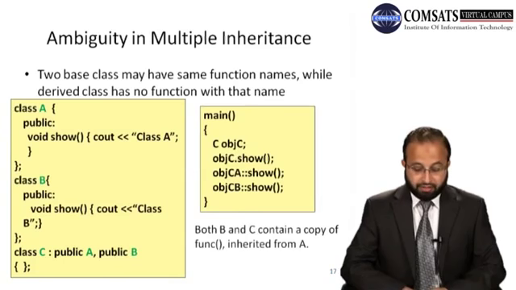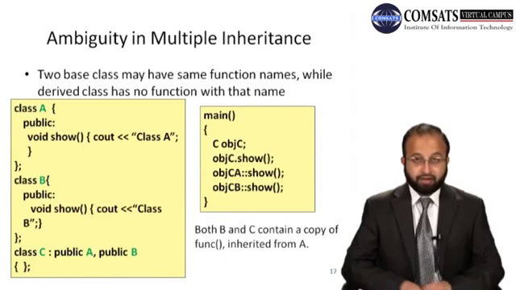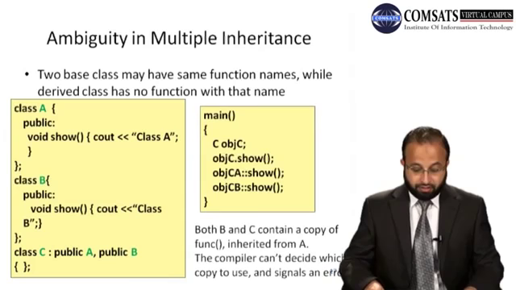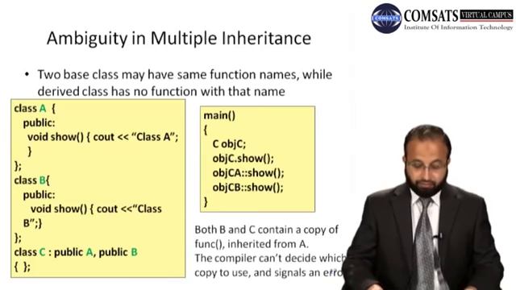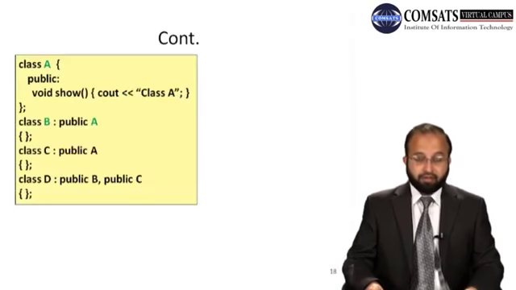So both B and C contain a copy of a function inherited from A, and the compiler cannot decide which copy to use, and it signals an error, right? So what you can do is call the function with the class name, right? That is possible.